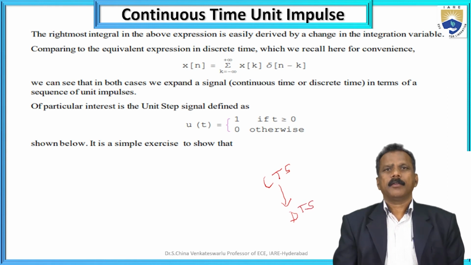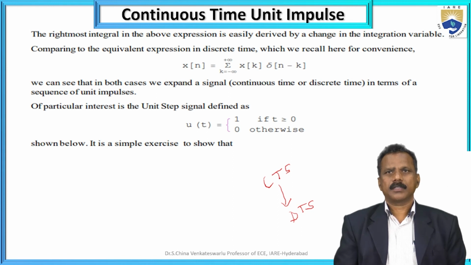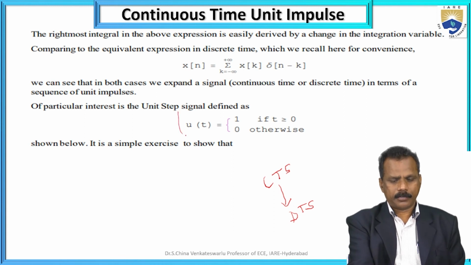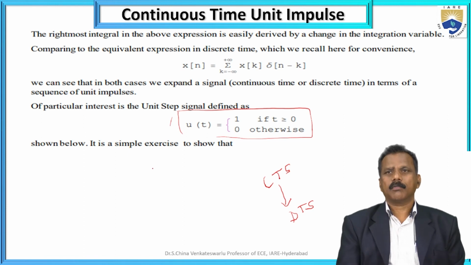You can see that in both cases we expand the signal, continuous time or discrete time, in terms of a sequence of unit impulses. Of particular interest is the unit step signal, defined as u of t, where u of t is equal to 1 if t is greater than or equal to 0, and 0 otherwise.